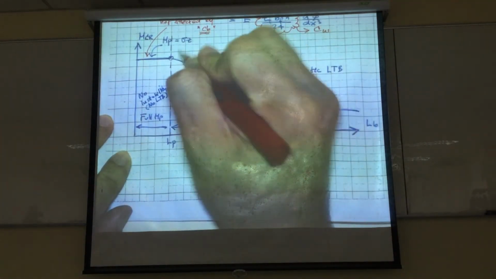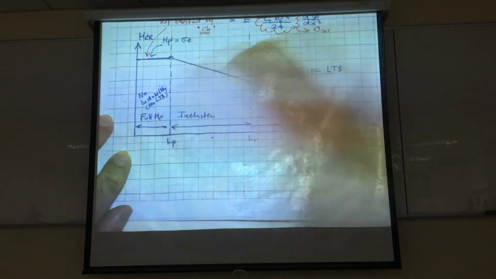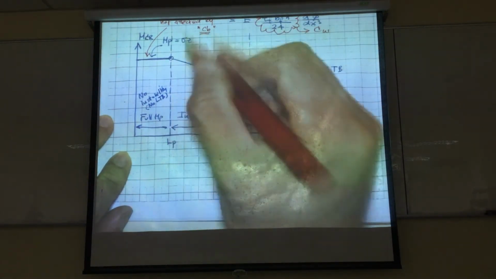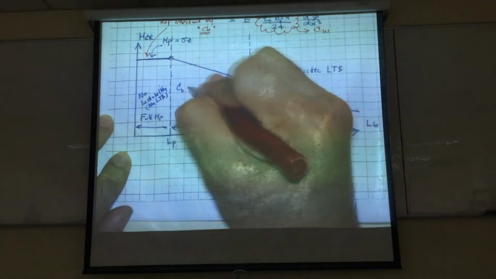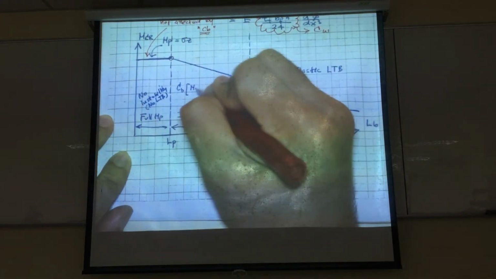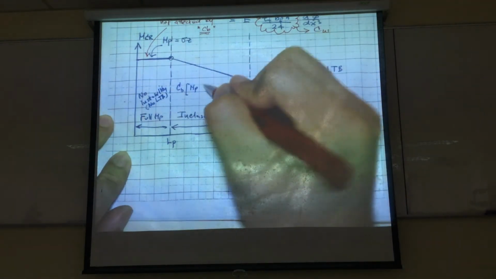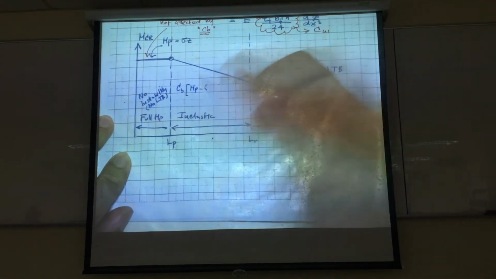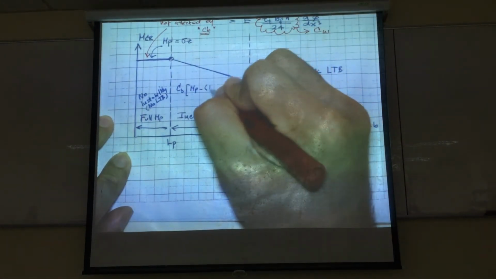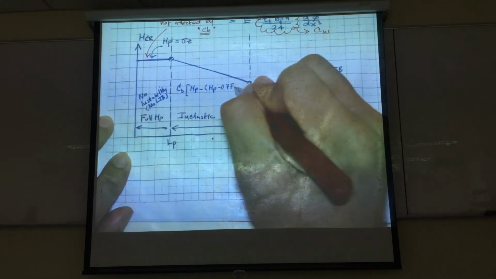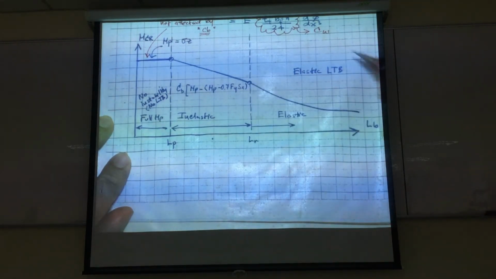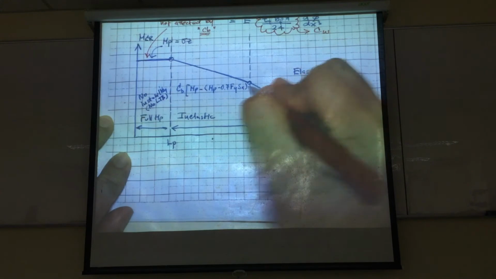So here, over this zone, the nominal moment here is given as CB times Mp minus (Mp minus 0.7 Fy Sx), and then multiply by the remaining term.